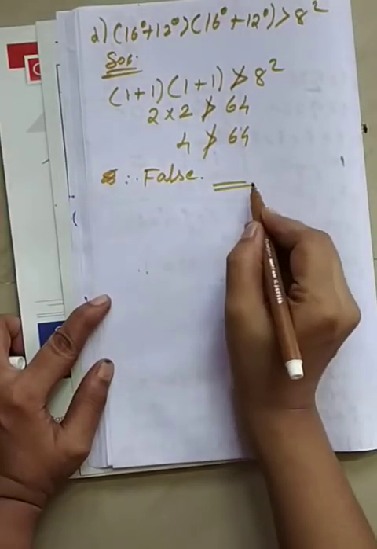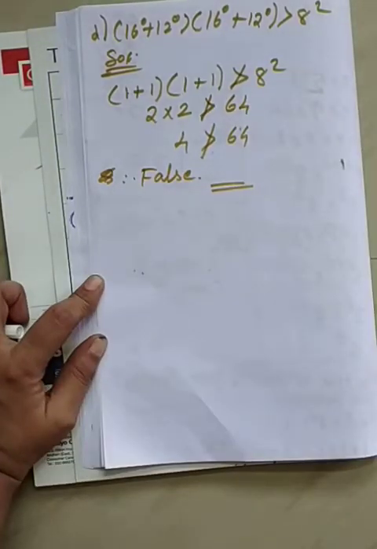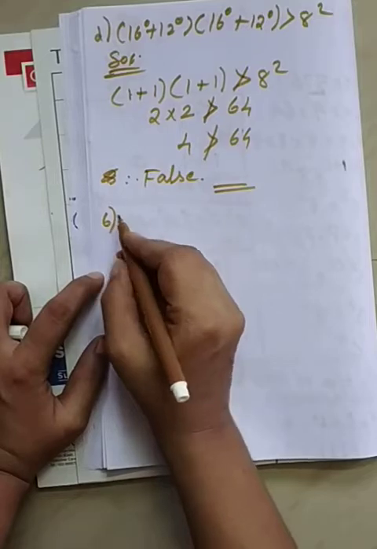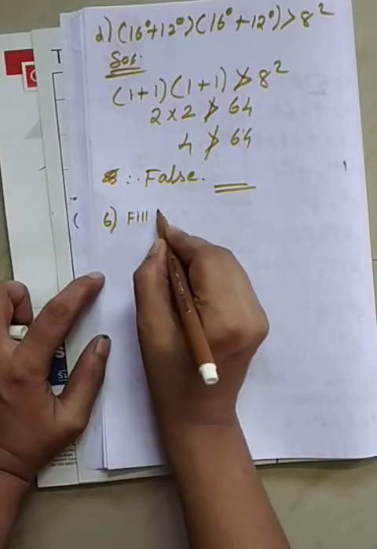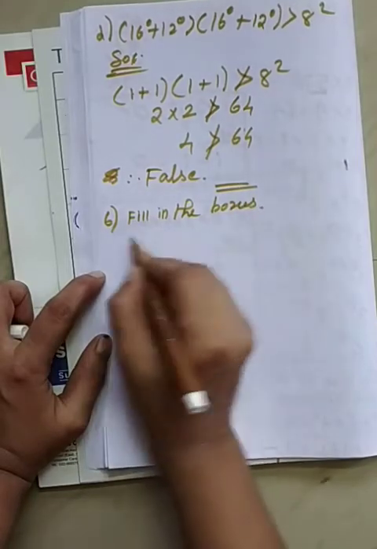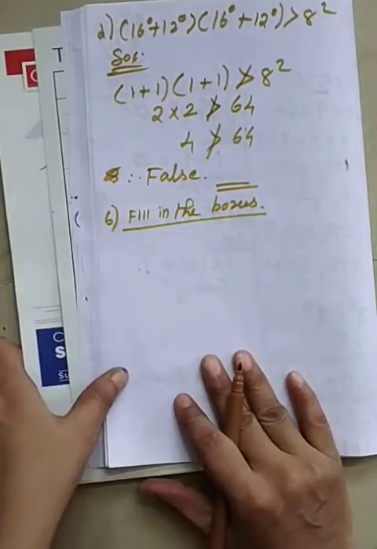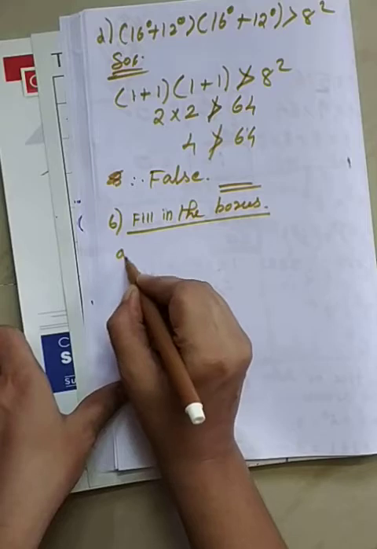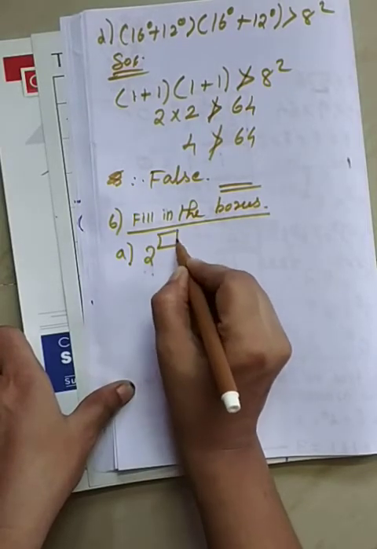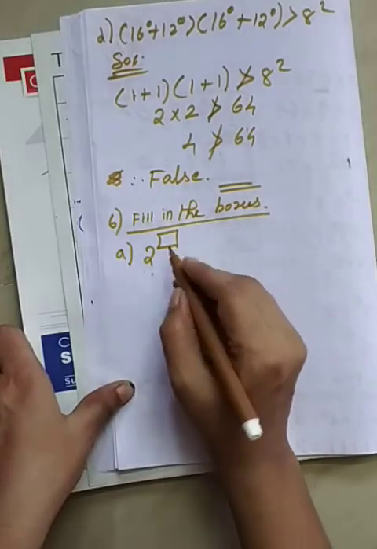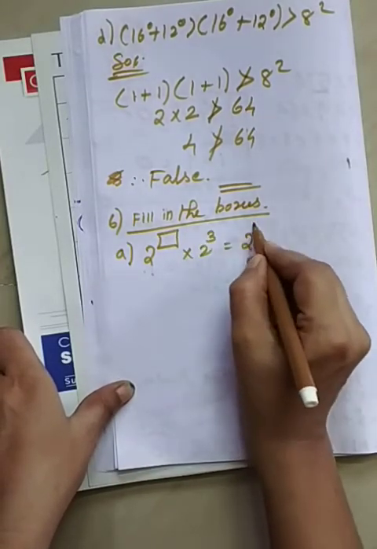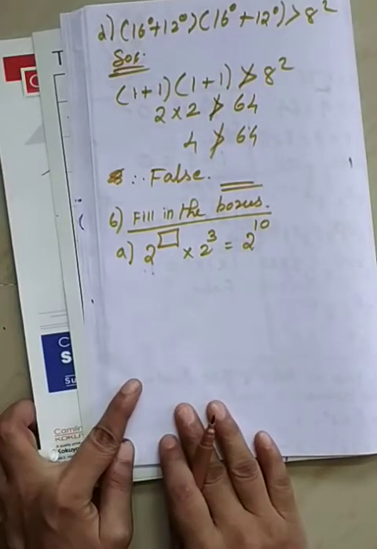The next one. Fill in the boxes. See here, the first one: 2 power, you have to find the power, into 2 cube, but your answer is 2 power 10.